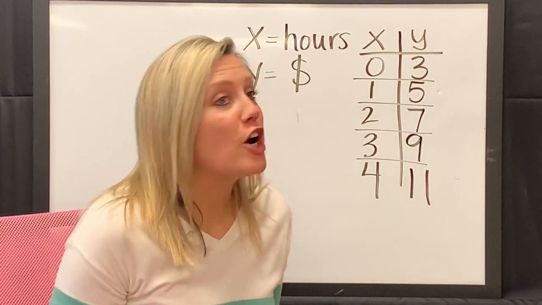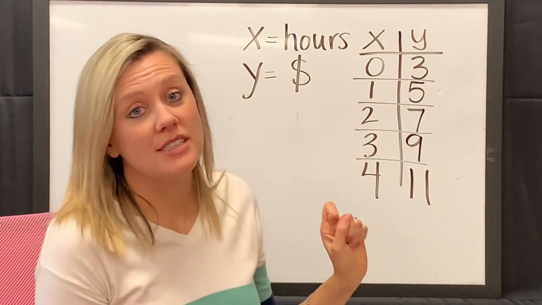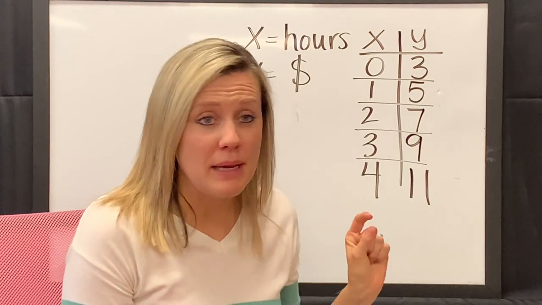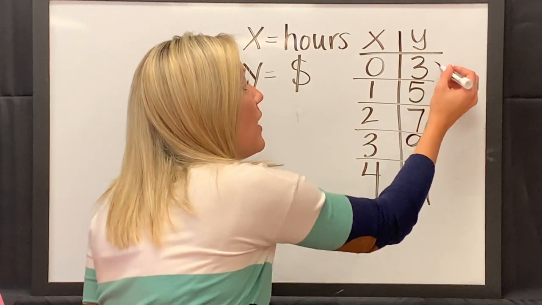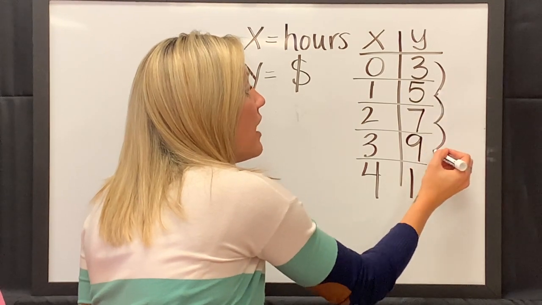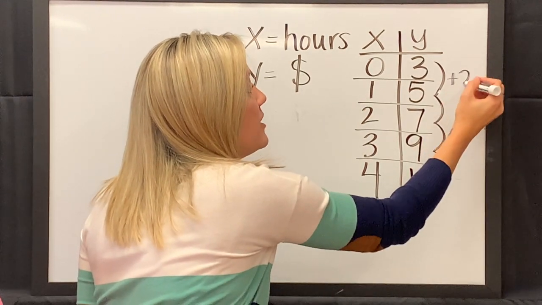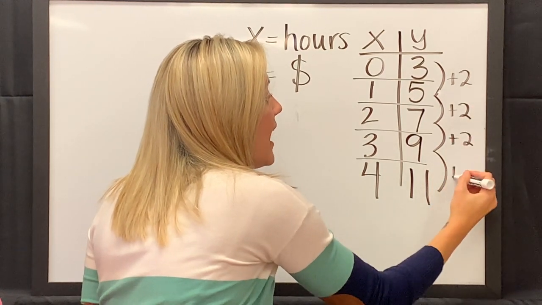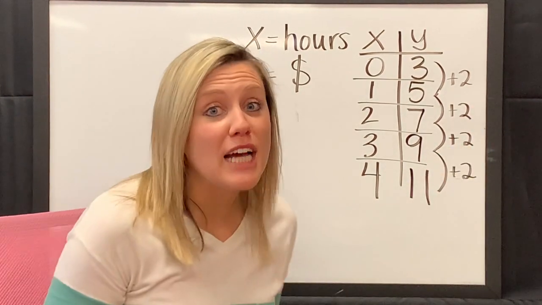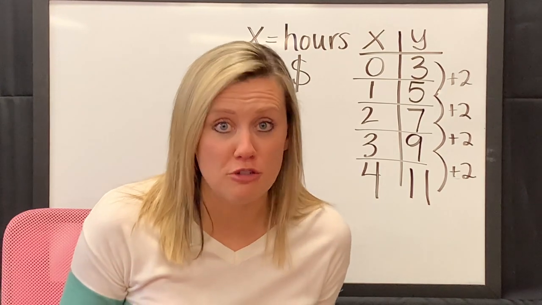So we started with $3, and each hour that we babysit, we are going to grow $2. So every time here, we are adding $2. Add $2, add $2, add $2, add $2, because every time we babysit, we get an extra $2.